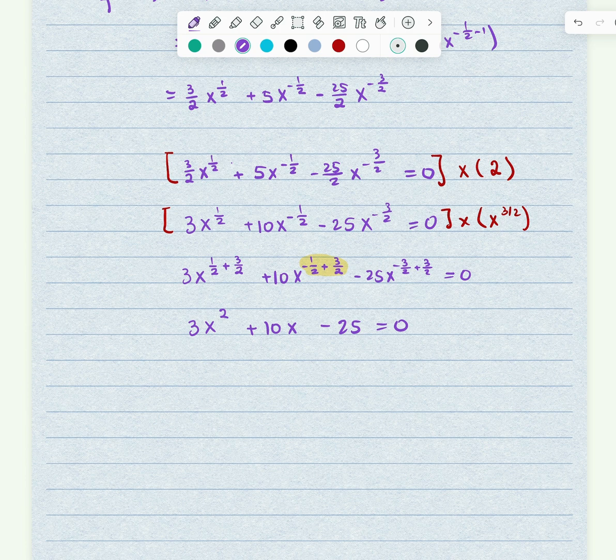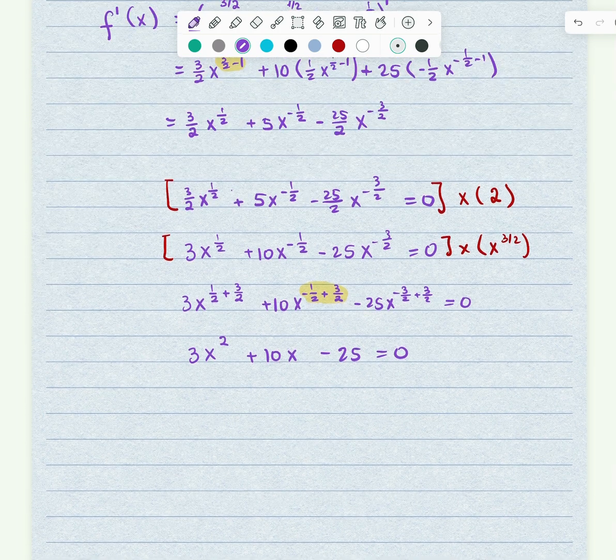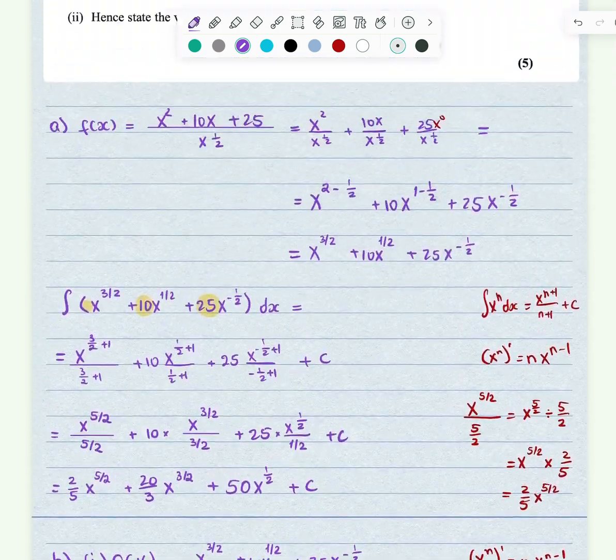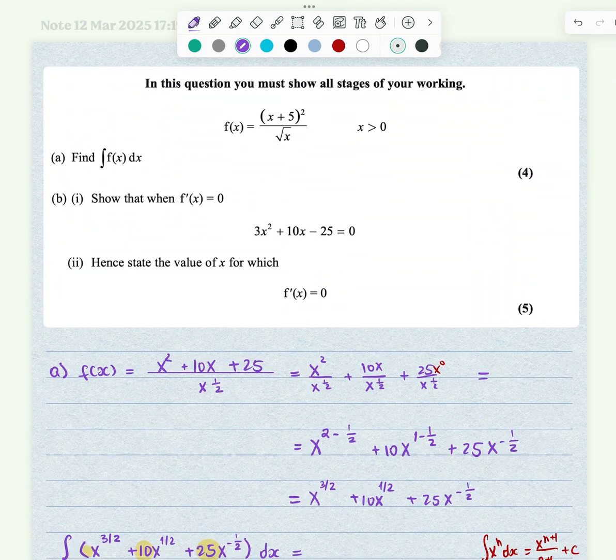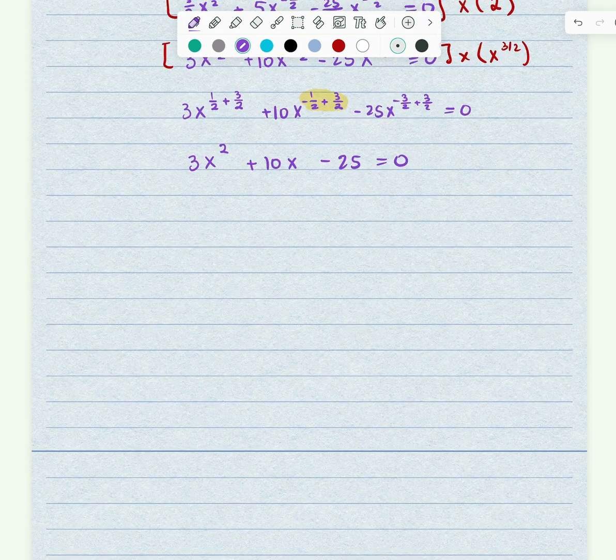In the mark scheme they say you get a dependent method mark, dM1, for multiplying everything by x to the power of 3 divided by 2 and then solving it, adjusting it into 3x squared plus 10x minus 25, which is A1, the accuracy mark at last. And then the final part is, hence, state the value of x for which f dash, the derivative of f of x, equals 0. That's your final 1 mark.